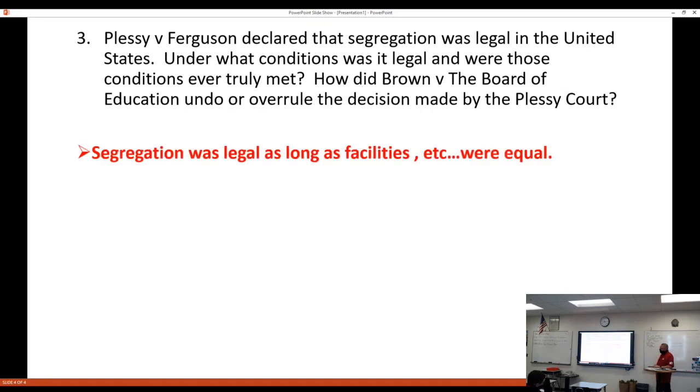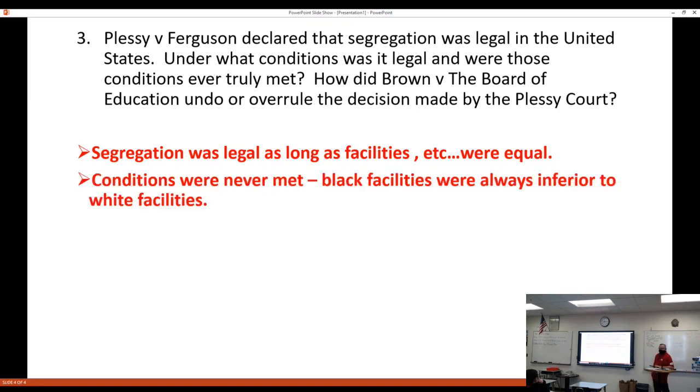Just three quick little bullet points. Segregation was legal under what circumstances? As long as facilities were equal. So, as long as you provided separate facilities and they were equal, segregation was legal.